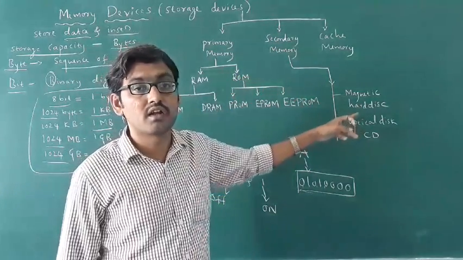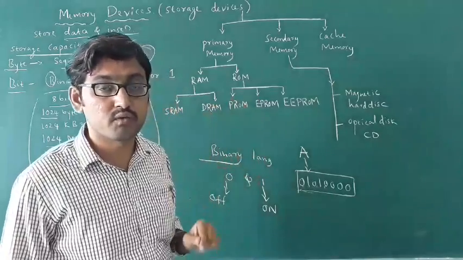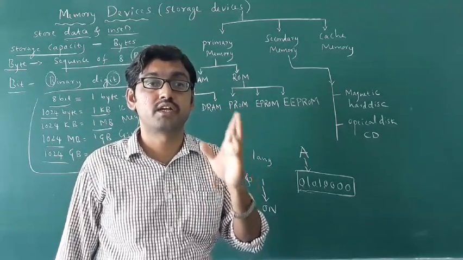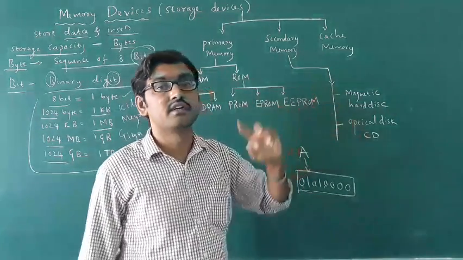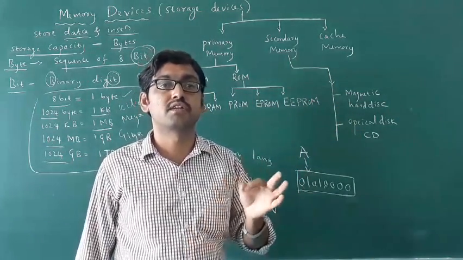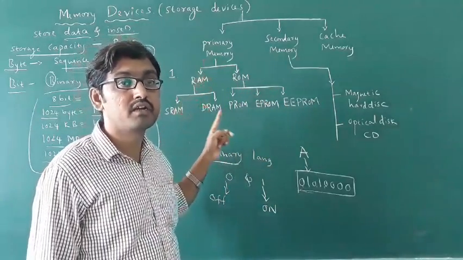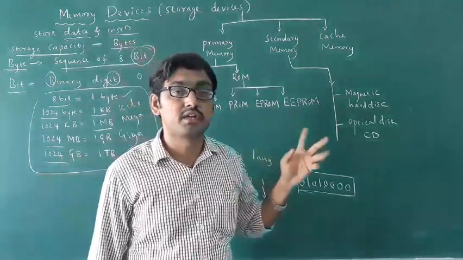Examples are hard disk and CD. They ask this question for 1 mark: write two examples for secondary memory devices. Hard disk and CD are the examples for secondary memory devices. Examples for primary memory devices are RAM and ROM.